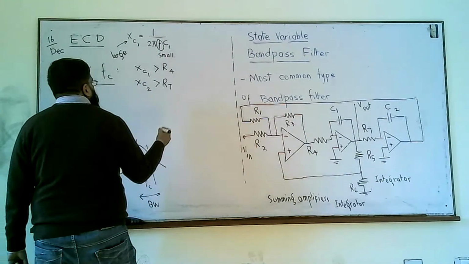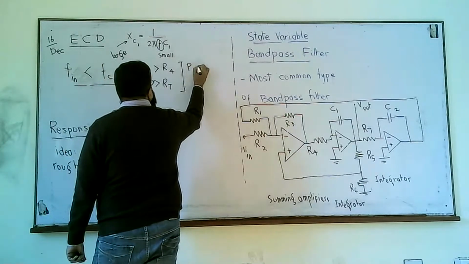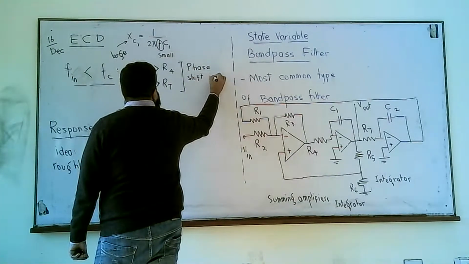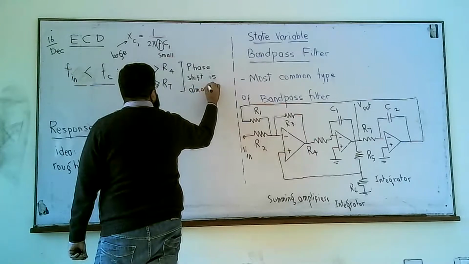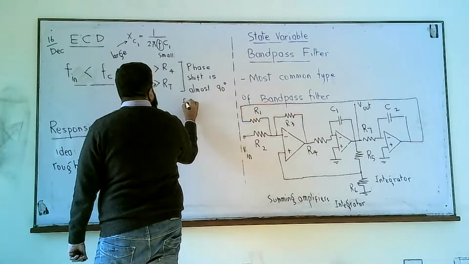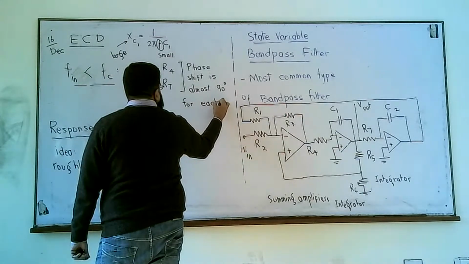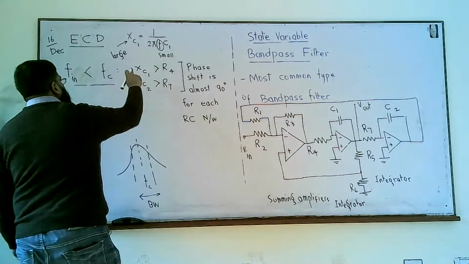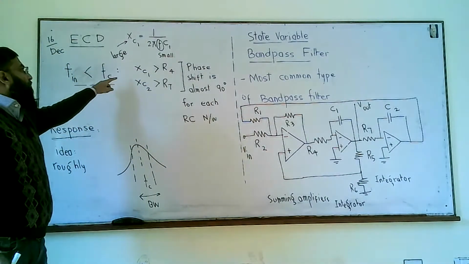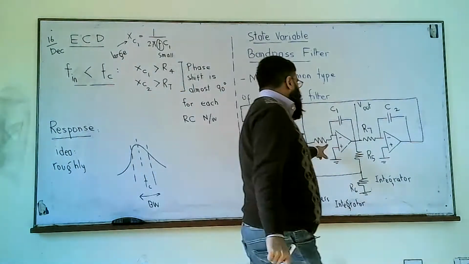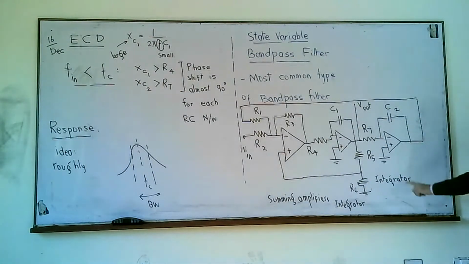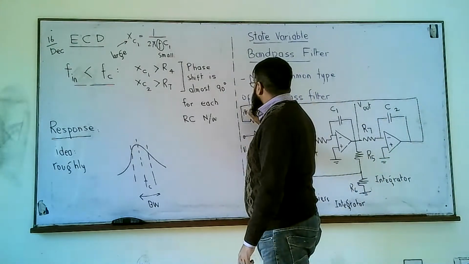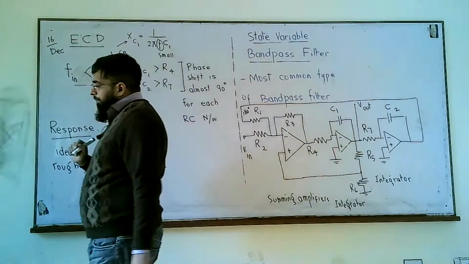So there are two RC networks, 90 degrees introduced by the first circuit, and 90 degrees by the second. So the signal we get here is 180 degrees out of phase compared to V in.